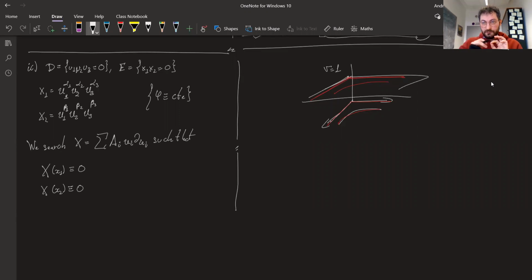Then we'll generate a line foliation, which will coincide with the level sets. It's going to be tangent along both of them. Both of them are first integrals of it. So the foliation itself is going to be tangent to both of these functions.